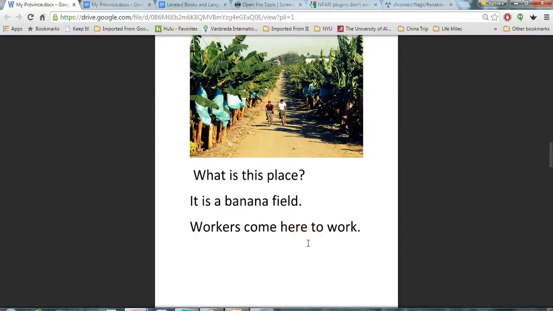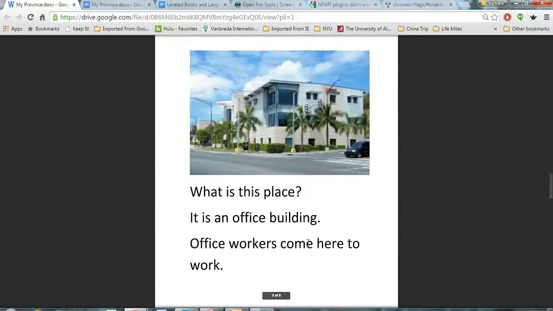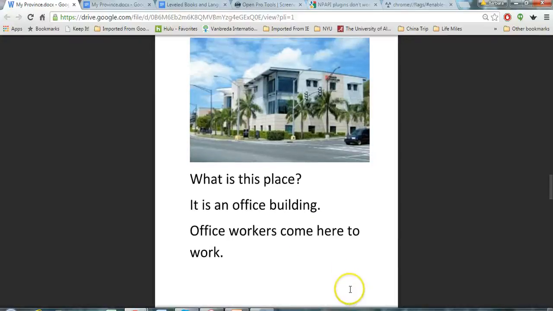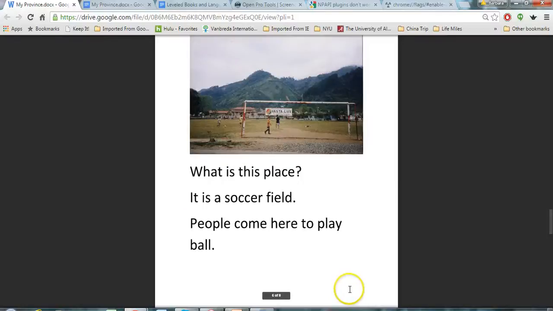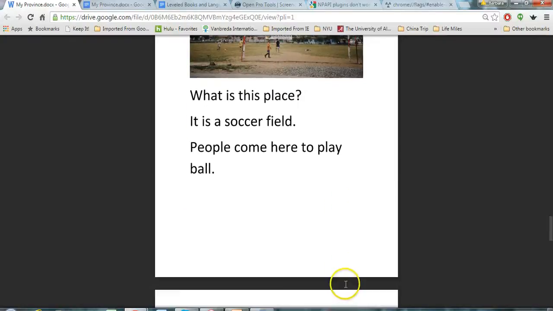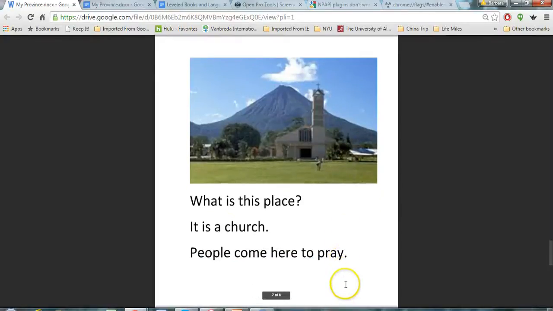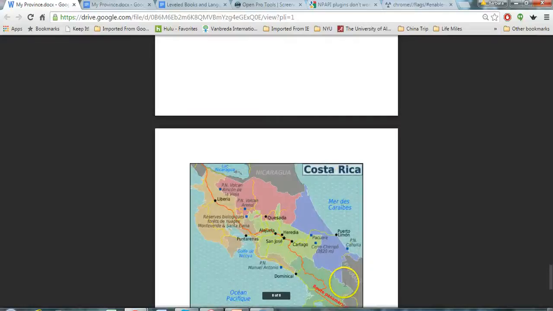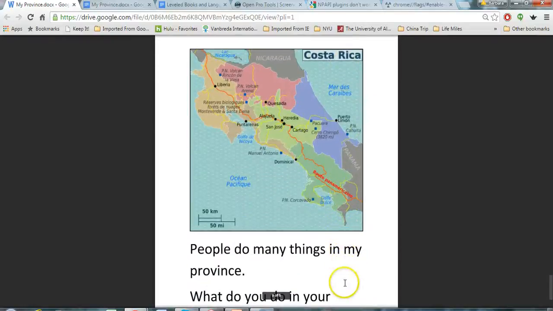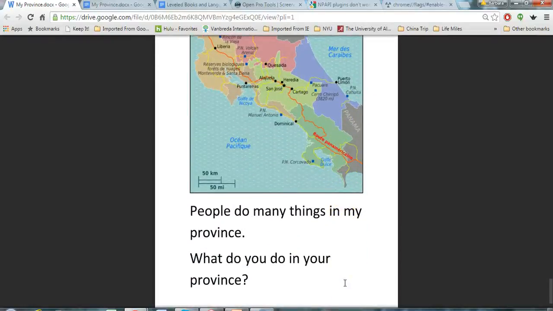It is a banana field. Workers come here to work. What is this place? It is an office building. Office workers come here to work. What is this place? It is a soccer field. People come here to play ball. What is this place? It is a church. People come here to pray. People do many things in my province. What do you do in your province?